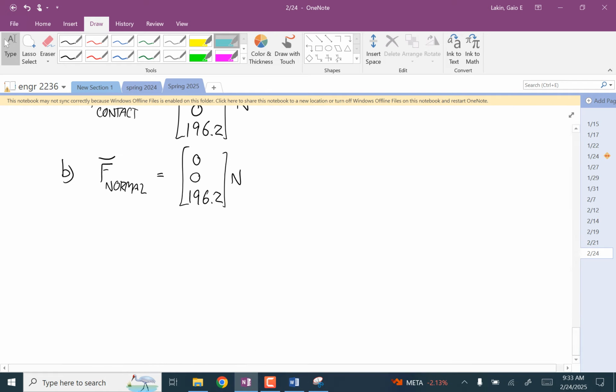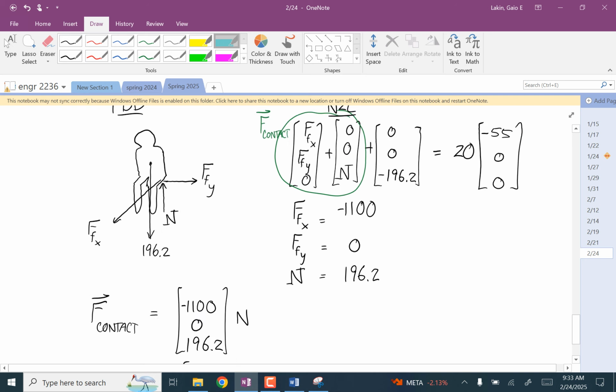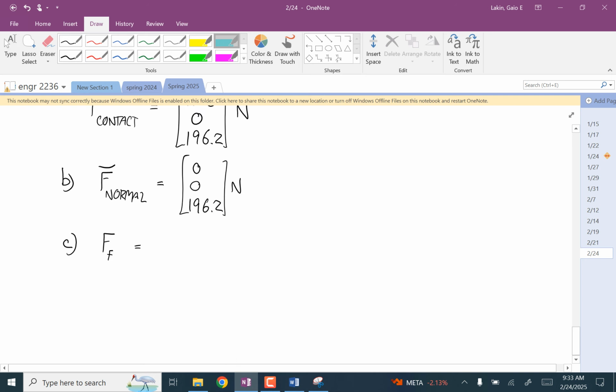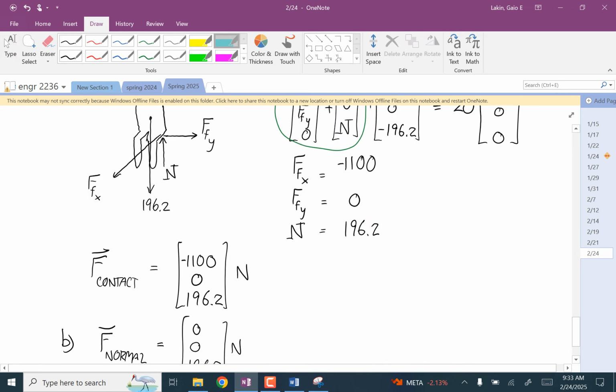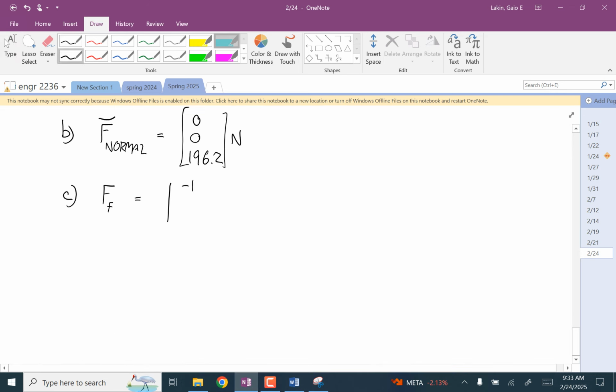The magnitude of the friction force is just the magnitude of, what did we get for that friction force vector? Negative 1100, 0, 0. So that's just 1100.